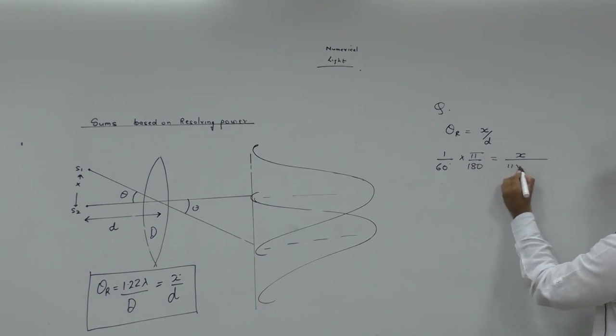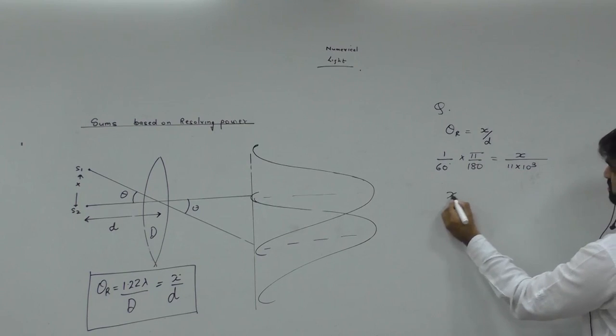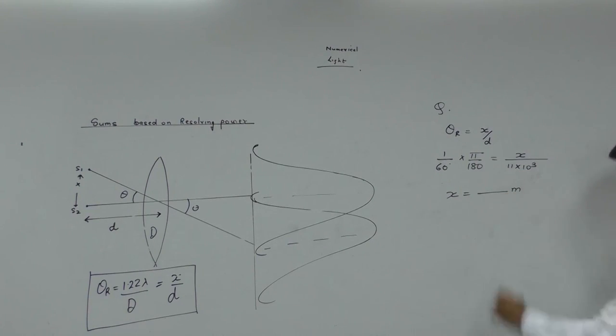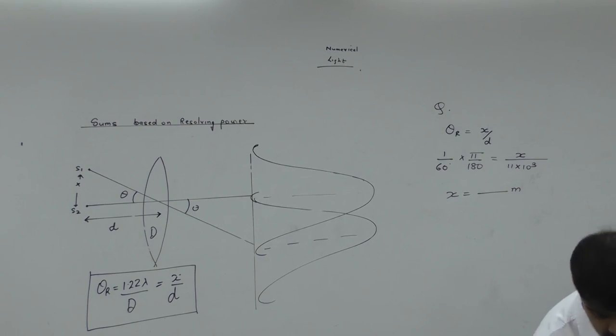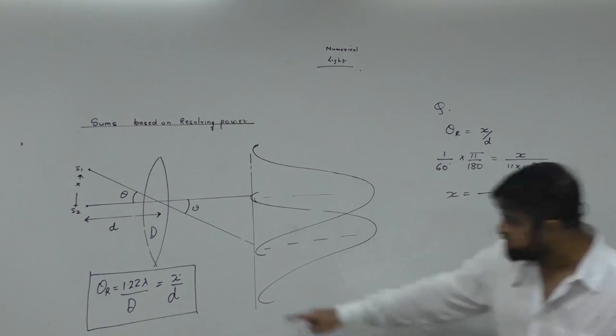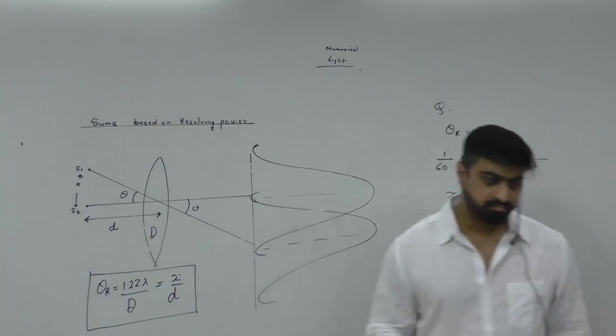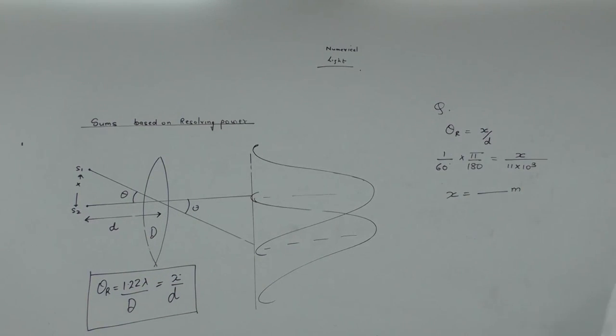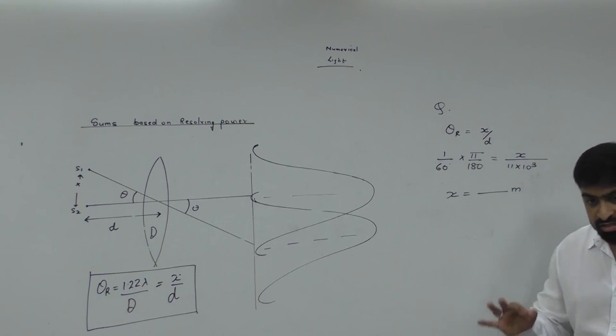Small d is 11 kilometers, 11 into 10^3. So x का value you will get in meters. Got it? और अगर आपको lambda और बड़ा D दिया है तो ये दोनों इक्वेट करना है, सेकंड एंड थर्ड. तो थोड़ा ध्यान रखना प्लीज. क्लियर?